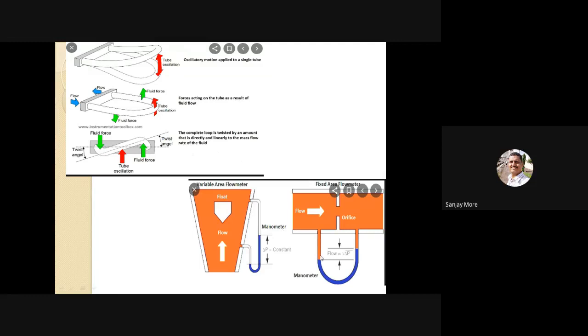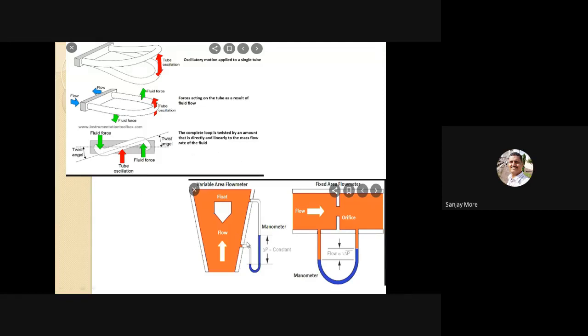And here, variable area flow meter and fixed area flow meter. Here a differential manometer is used, with mercury. This blue content is mercury, and here is the mercury level. See the first diagram, the variable area flow meter. In the variable area flow meter, the flow passes this way, and a float is attached. Float means a hurdle or disturbance in the flow.